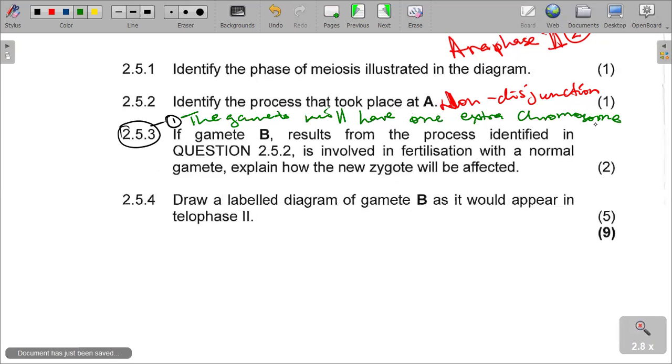I'm sure you know, because it is not separated up there, the gamete will have one extra chromosome, which is actually like 7 chromosomes in this case. 7 chromosomes will be formed there.